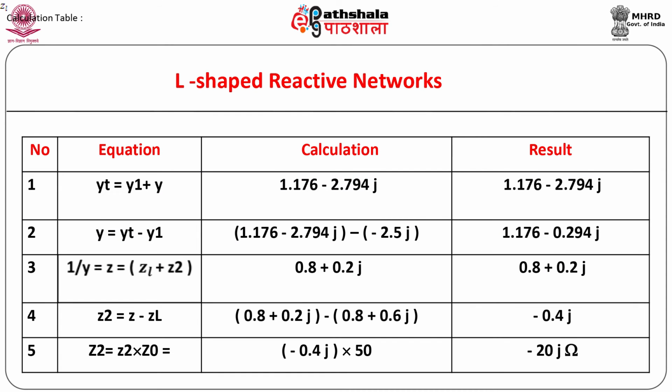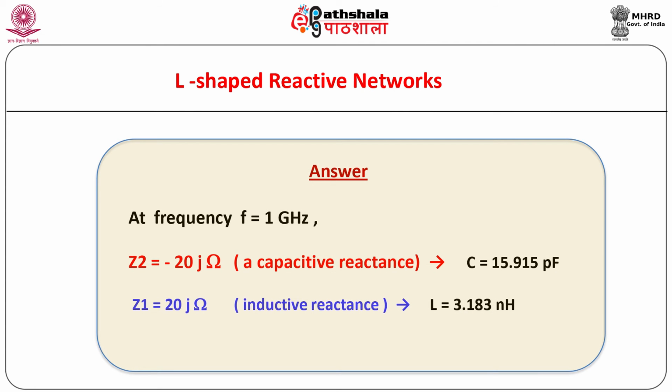As seen from the sequential operations, we understand that the solution of the problem under consideration involves many operations with admittances. We can show the calculations to be done in sequence in a tabular form. Thus, finally, we have Z2 equal to minus 20 j ohm, which represents a capacitive reactance.